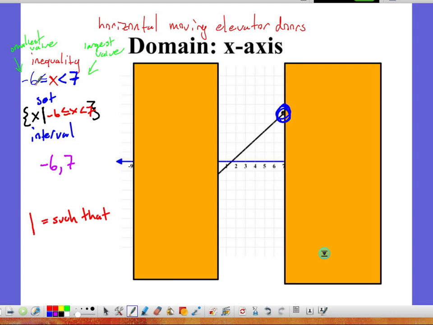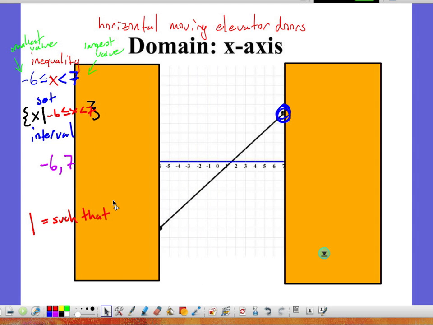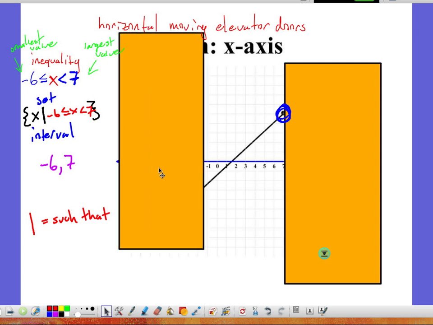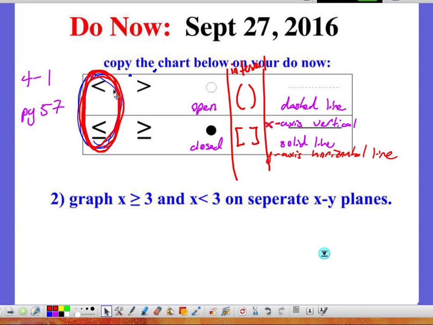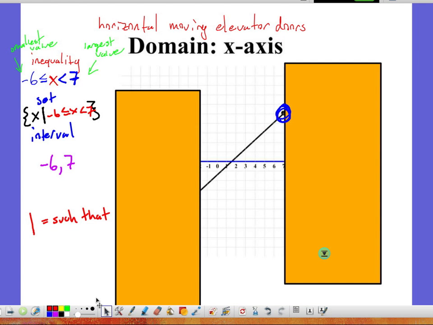Now, because at the -6 I had a closed circle, and my inequality between the -6 and the x was less than or equal to, closed circle, that means I'm going to use a square bracket only on the side of the -6. There we go.